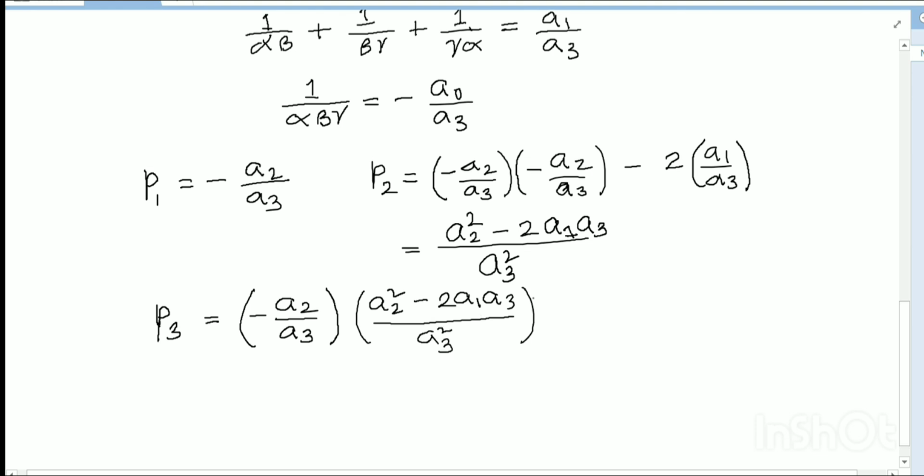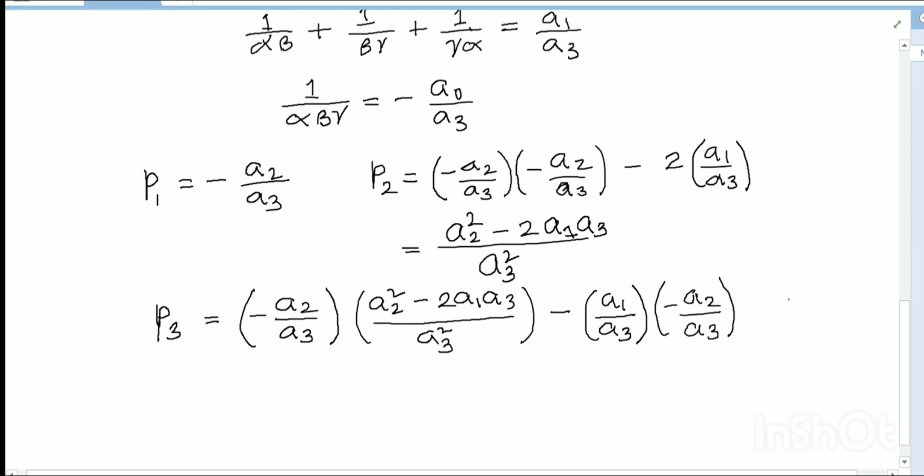So after that, minus a1 by a3 into p1, into a2 by a3.